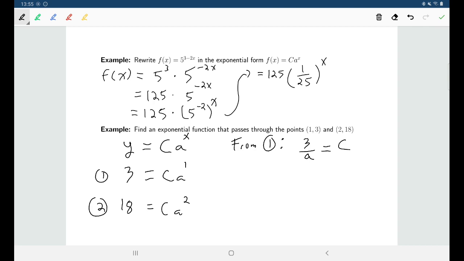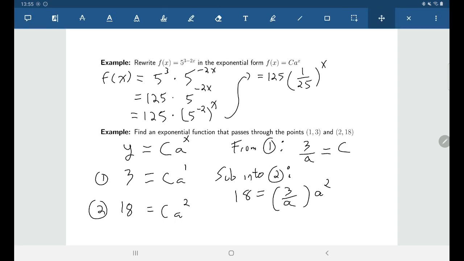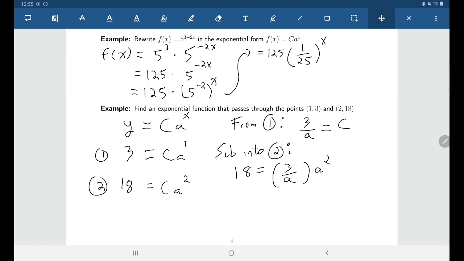I'll substitute this into equation 2. So in equation 2, I had 18 equals c times a squared, and c, we said, was 3 divided by a. And so now at this point, all I need to do really is just simplify this.